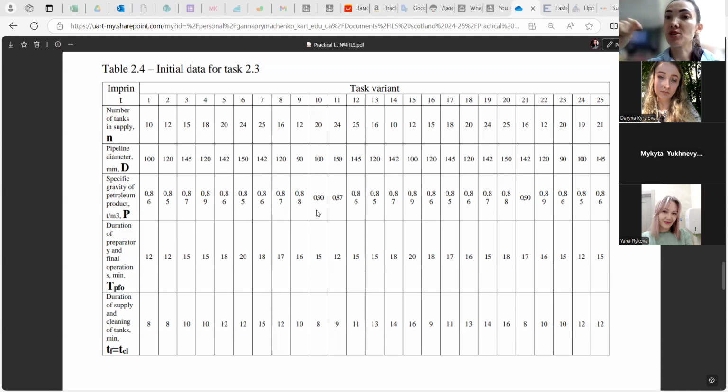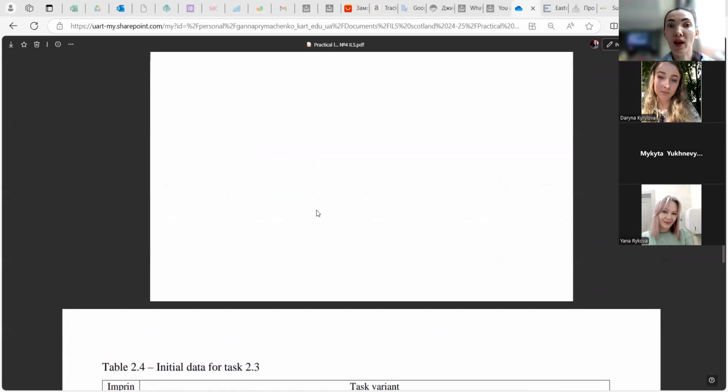And also multiply by our parameter S, which we found in formula 4. We did it 5 minutes ago, yes? So multiply by this parameter S, our square.